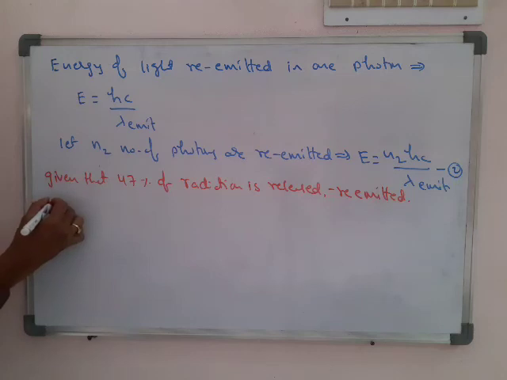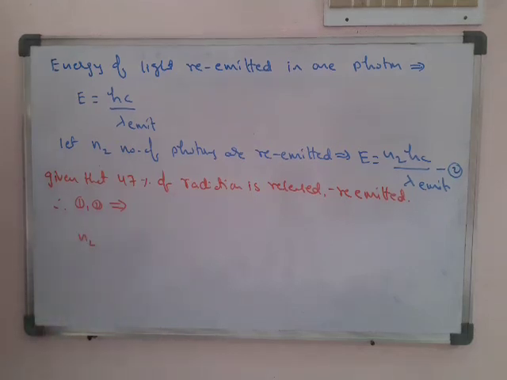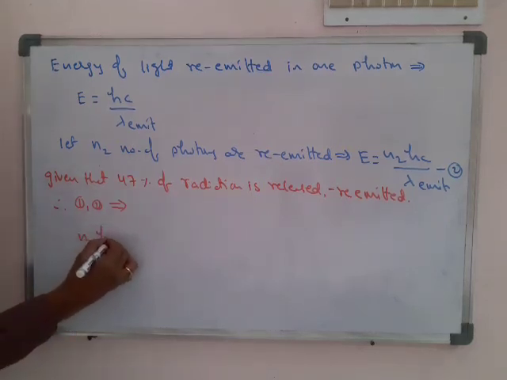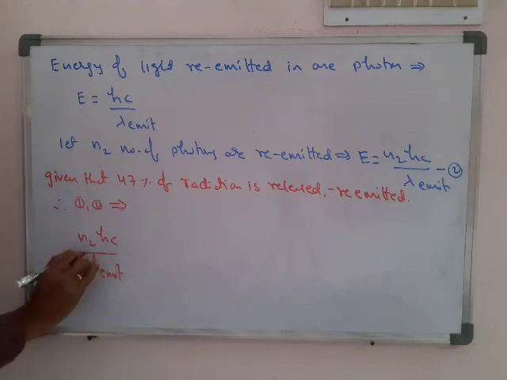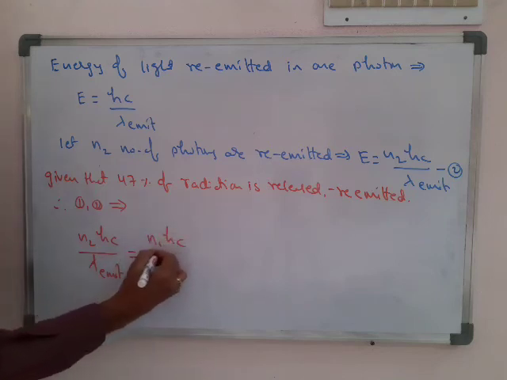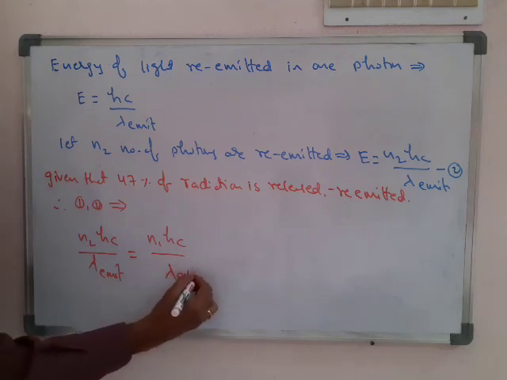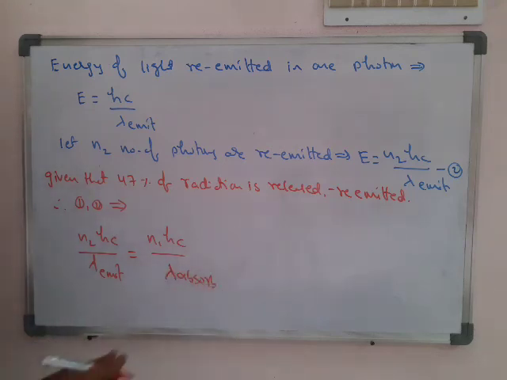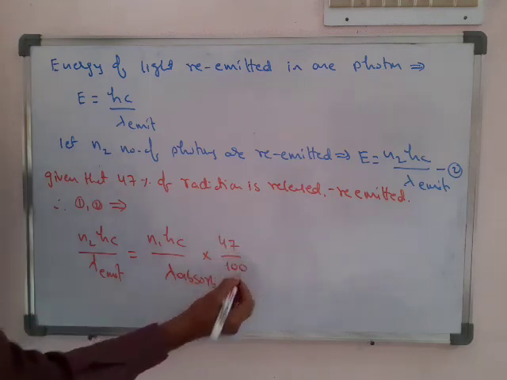So we can write from equations 1 and 2: n2 hc by lambda emit is equal to n1 hc by lambda absorbed into 47%, that is 47 by 100.